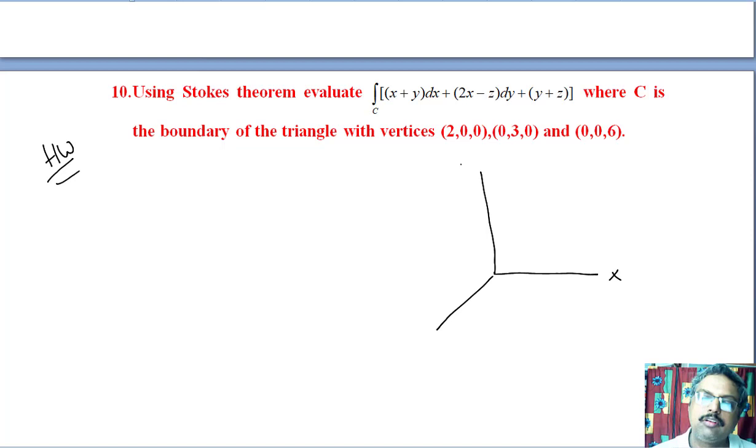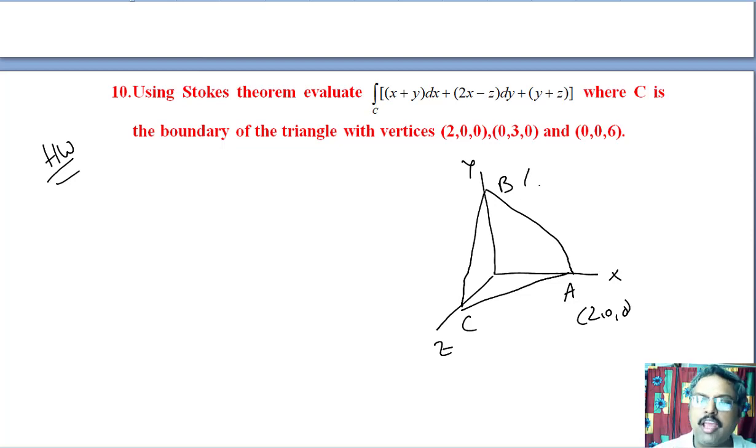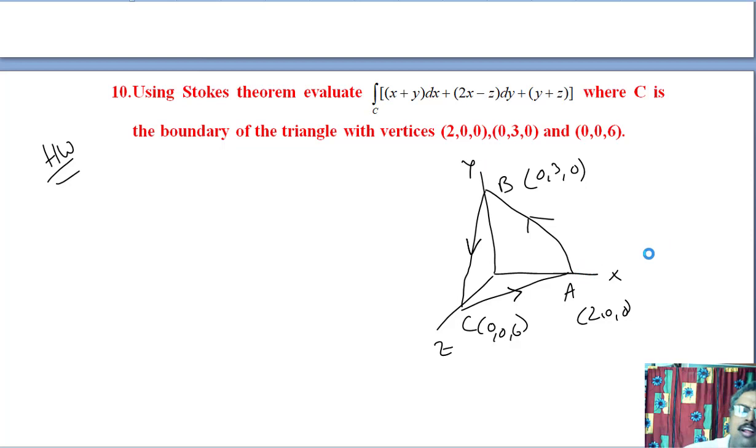Take the X-axis, Y-axis, Z-axis, and a triangle with vertices A, B, C: A is 2, 0, 0, B is 0, 3, 0, and C is 0, 0, 6. First find the line integral along OA, along BC, along CA.